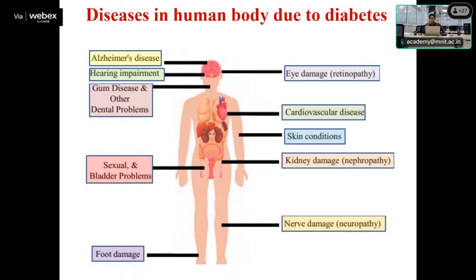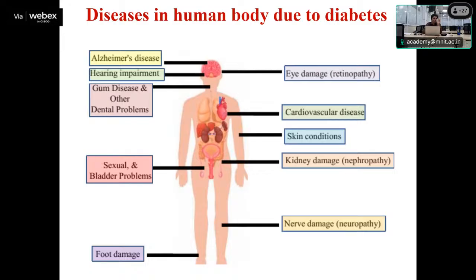No, this is a wrong perception. Ideally, if your value is greater than 150, then you are considered pre-diabetic or diabetic, and that condition is considered hyperglycemia.